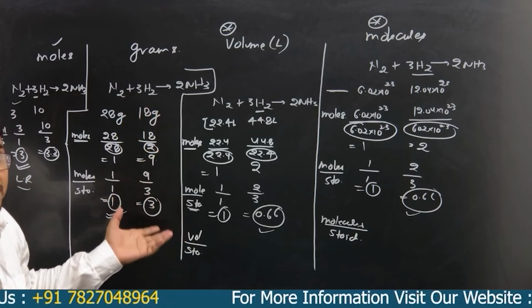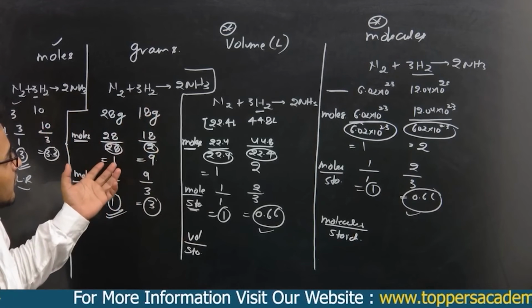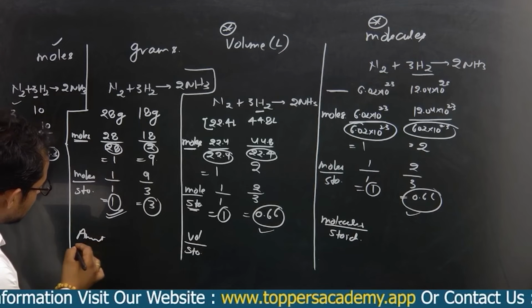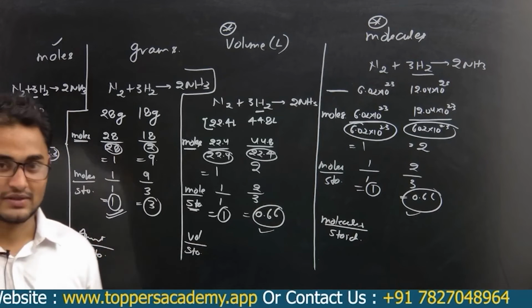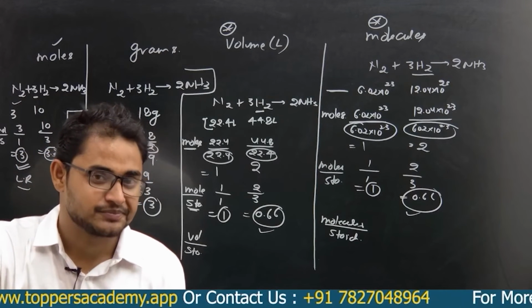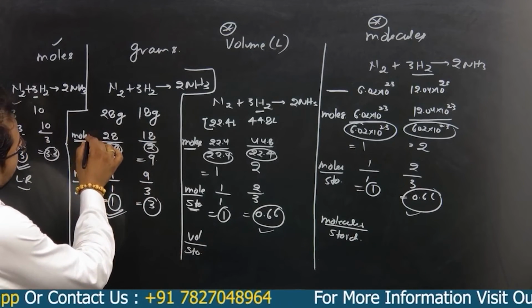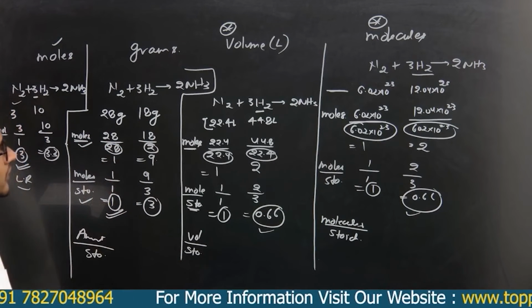This is not the same, so we cannot calculate the amount in gram upon stoichiometry directly. It will give the wrong result. So in this case, first of all, we will have to calculate the number of moles, and then find the value of moles upon stoichiometry.